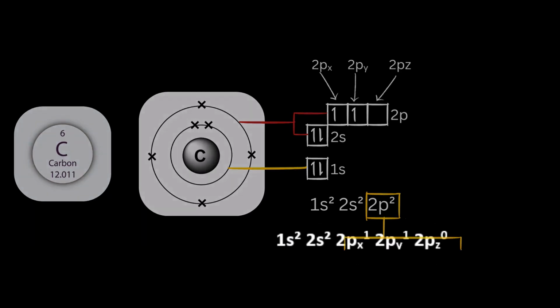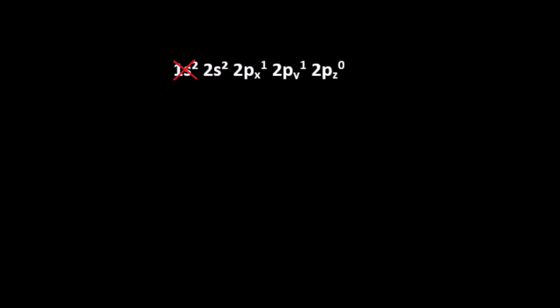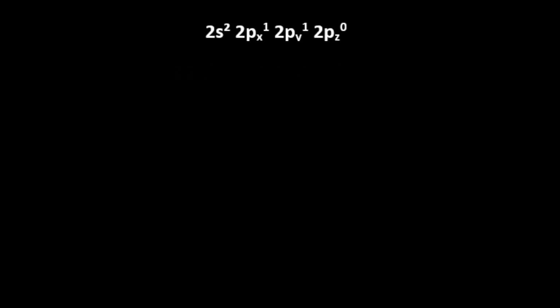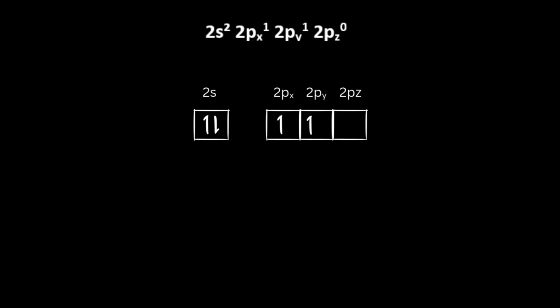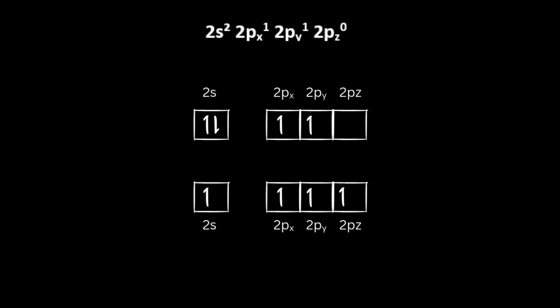But in organic chemistry, we ignore the 1s subshell and focus only on the 2s and 2p subshells, where the valence electrons are found. Normally, only 2 of these 2p orbitals, that is 2px and 2py, have unpaired electrons, which would limit carbon to forming just 2 bonds. So to form more bonds, carbon promotes one of its 2s electrons to the empty 2p orbital, specifically the 2pz.